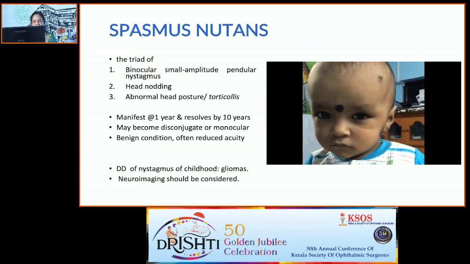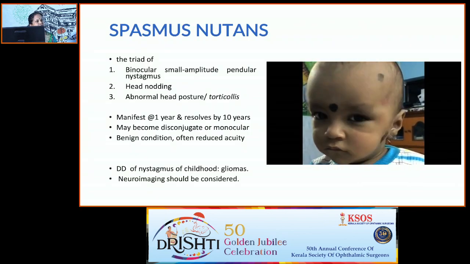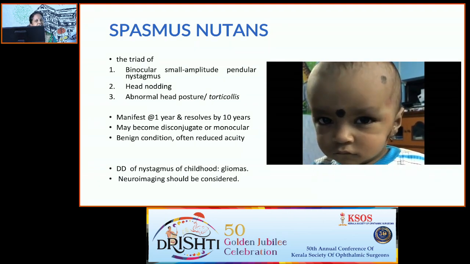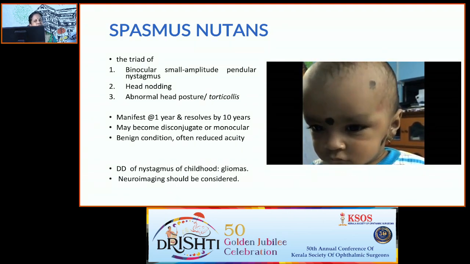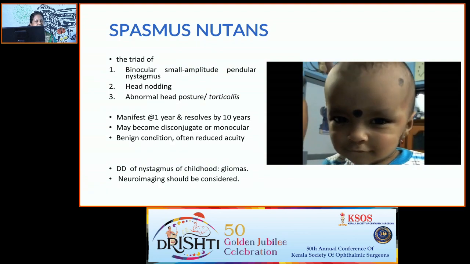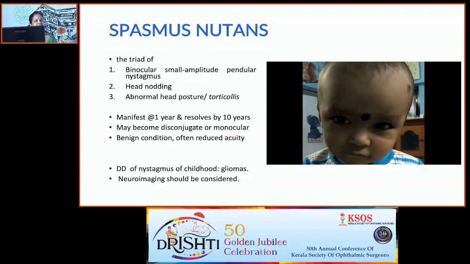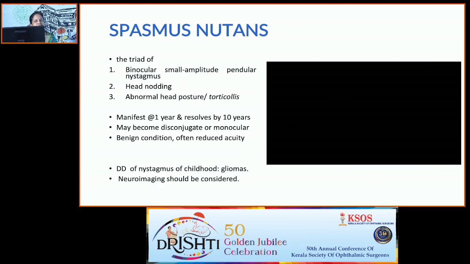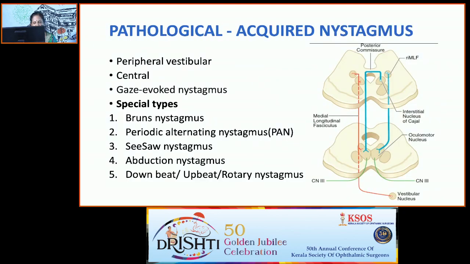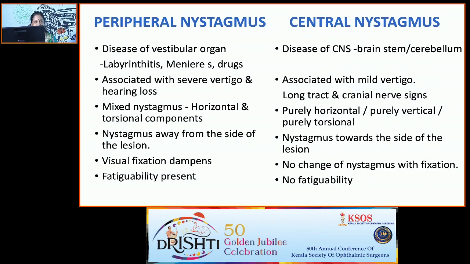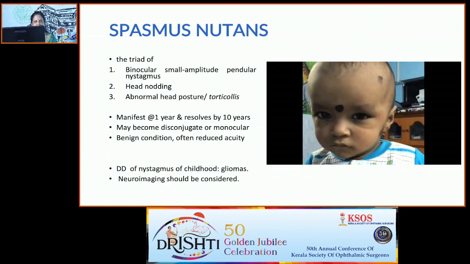Now coming to the very interesting variety, this is spasmus nutans. This is a triad of binocular small amplitude pendular nystagmus associated with head nodding and abnormal head posture or torticollis. This manifests in the first year of life and resolves by the first decade, and is usually a benign condition, but there will be some reduced visual acuity.